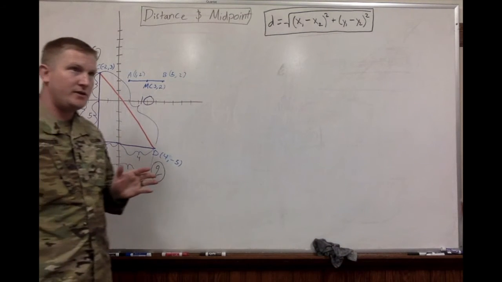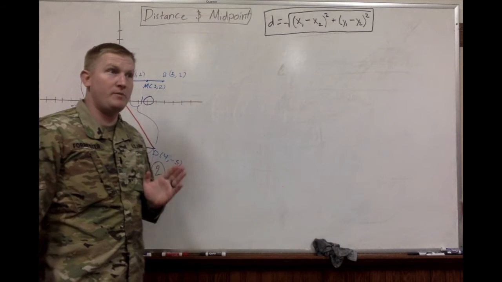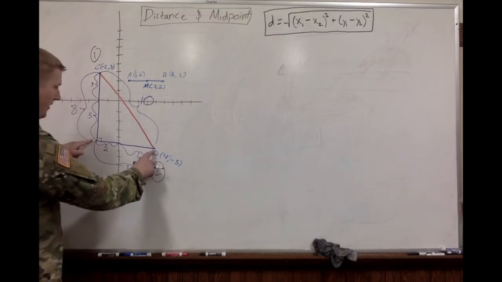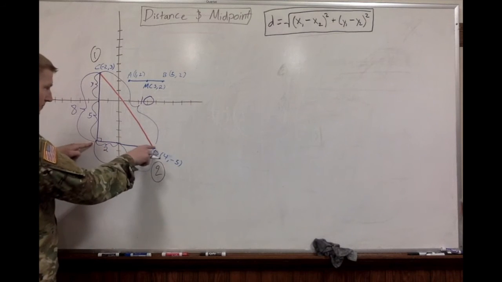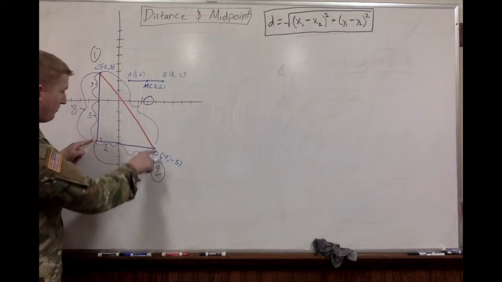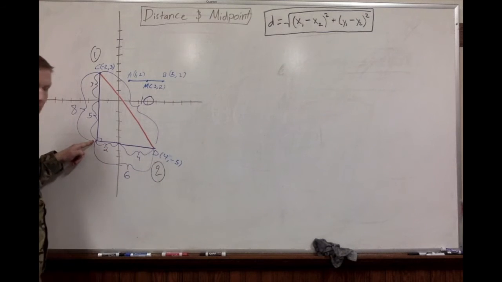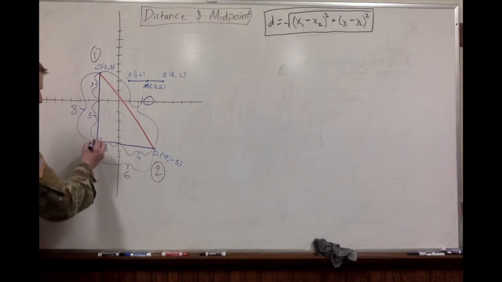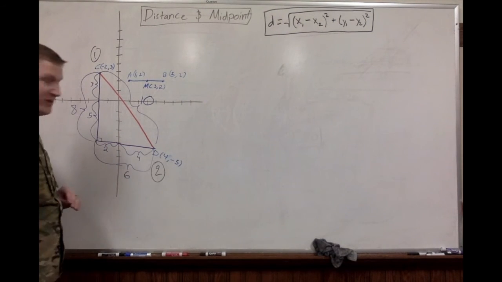If I want to find the x-coordinate of the midpoint, going back to our right triangle, I know it's going to be in line with the midpoint of this horizontal leg right here. Okay, so that makes sense. Think of this as the total horizontal displacement.